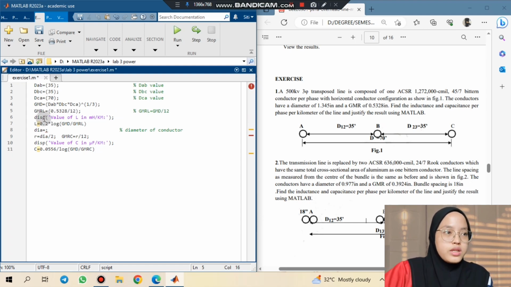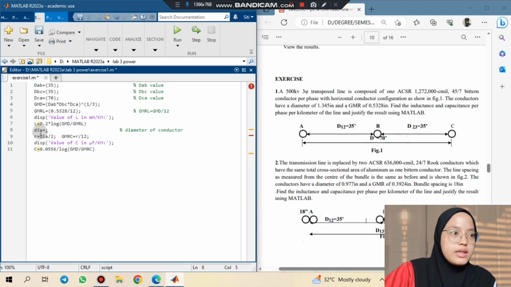First we're going to display the value of L in millihenry per kilometer, where L is equal to 0.2 times log GMD over GMRL.